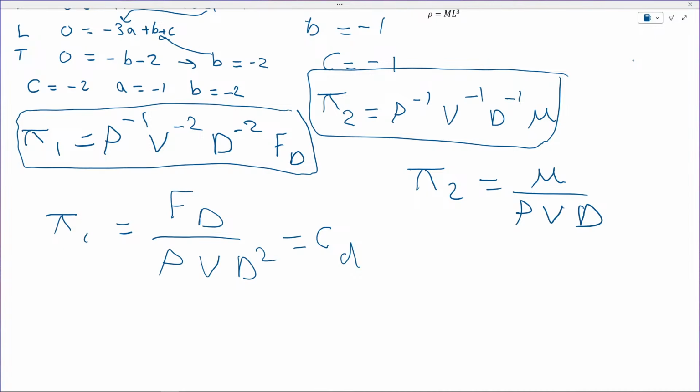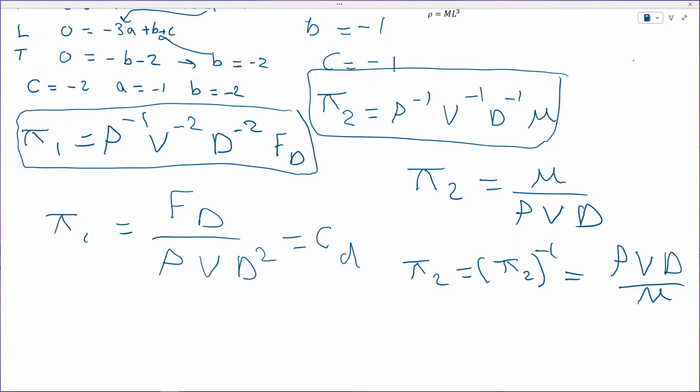So if I take the inverse of pi 2, I get rho v d over mu. Now this looks familiar, yes? Isn't this the Reynolds number?